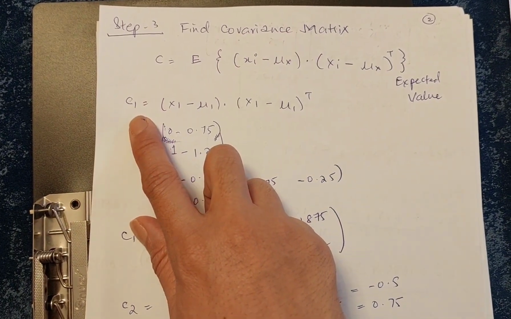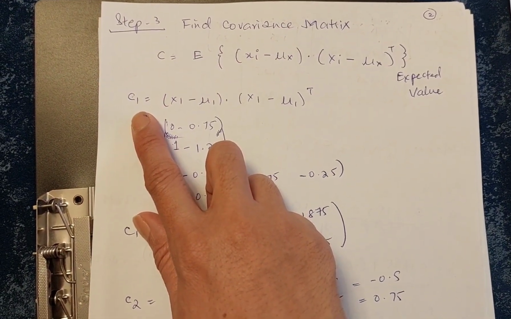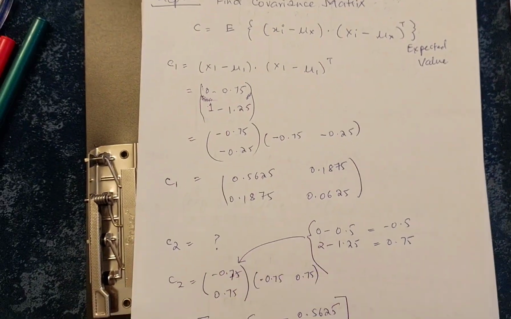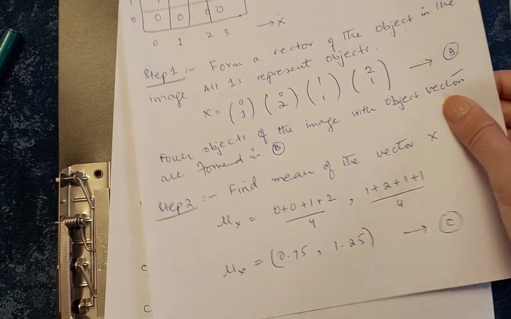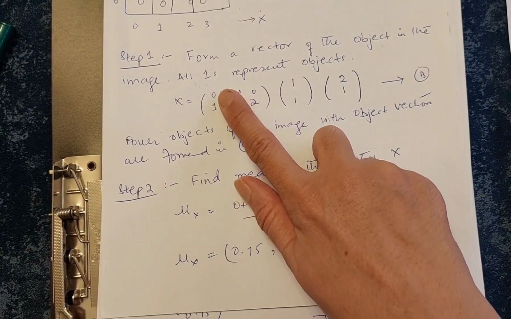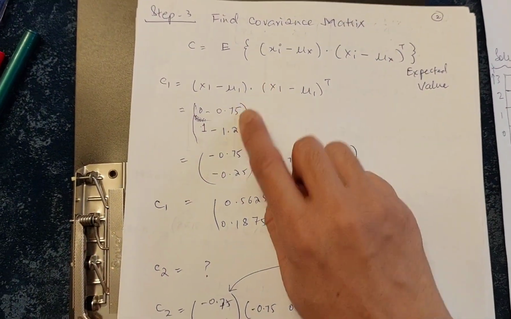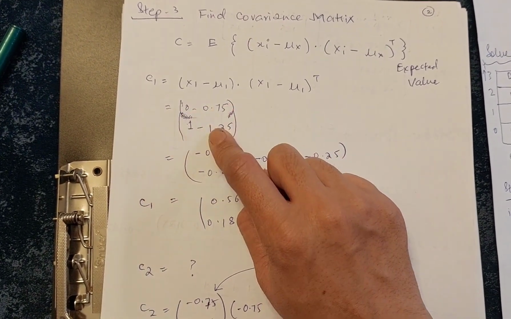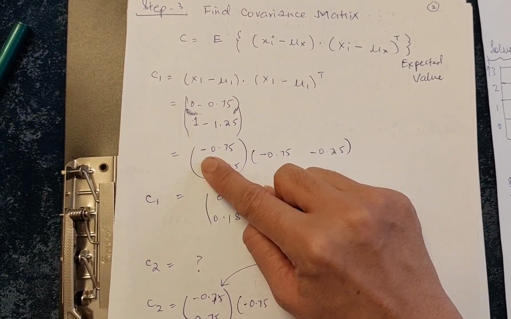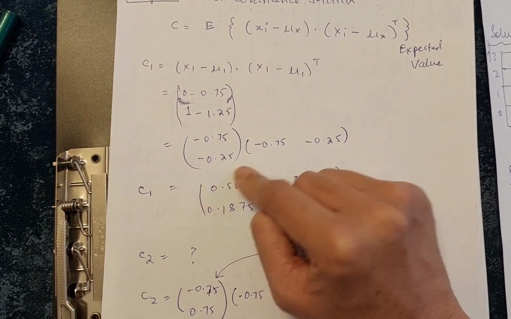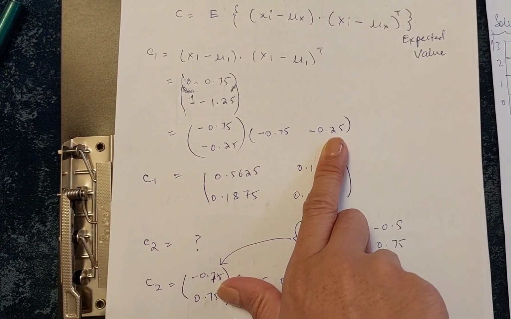So for your first data point, you have 0 and 1. You can see again that the first data point was 0 and 1. So I will simply subtract the mean from 0 and 1, and the answer is 0.75 and 0.25, and here I have simply taken its transpose.